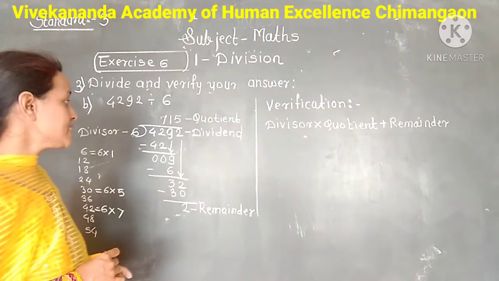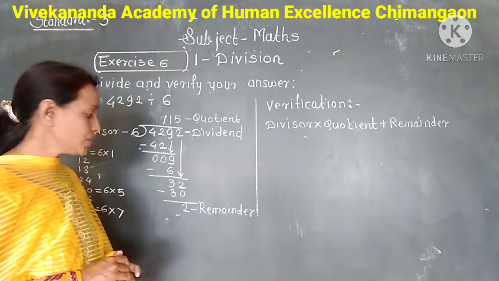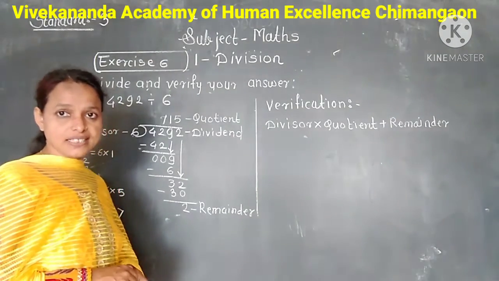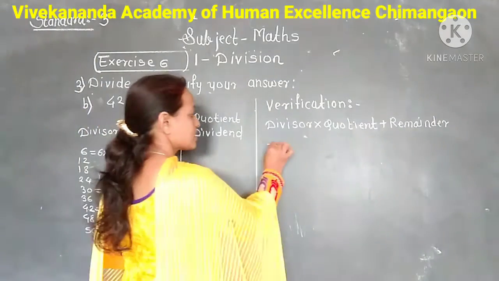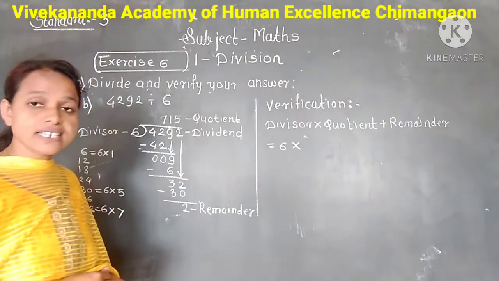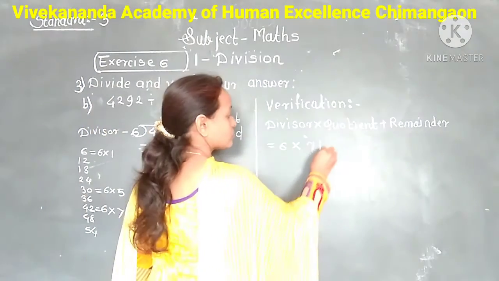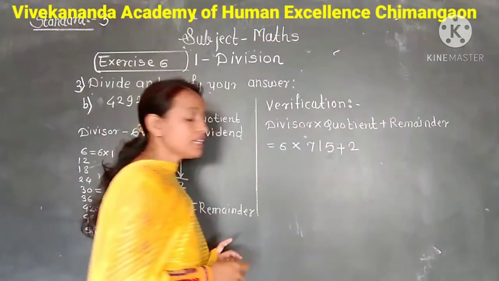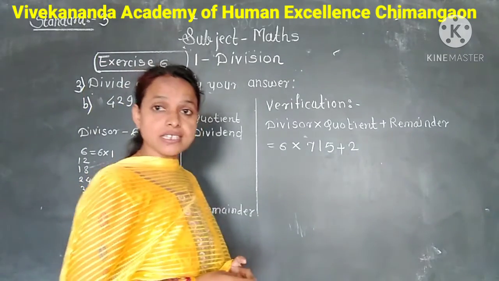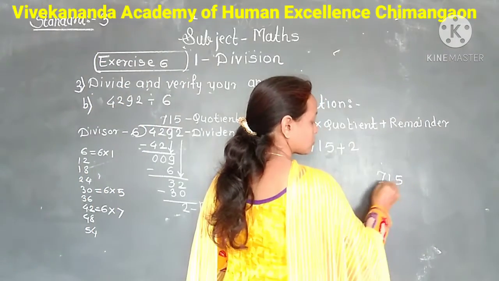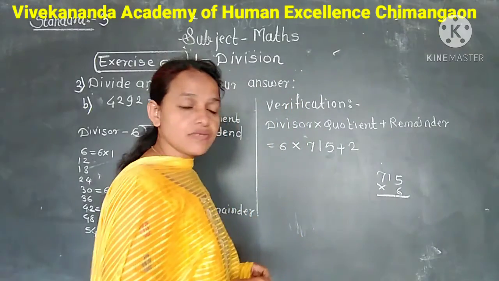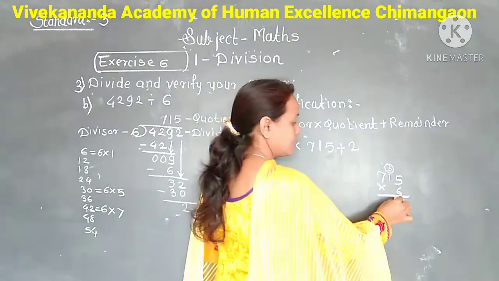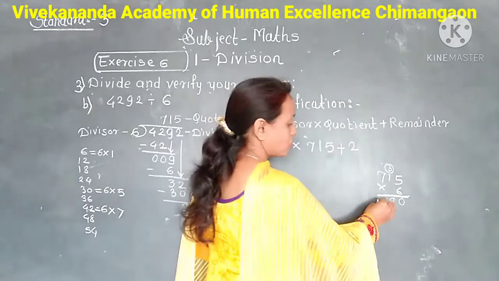Now here divisor is 6, dividend is 4292 and remainder is 2. Now by using that value we verify our answer. So here divisor is 6, quotient is 715 and remainder is 2. Now we multiply 715 by 6. 6 5s are 30, 0, carry over 3, 6 1s are 6 plus 3 is 9 and 6 7s are 42.